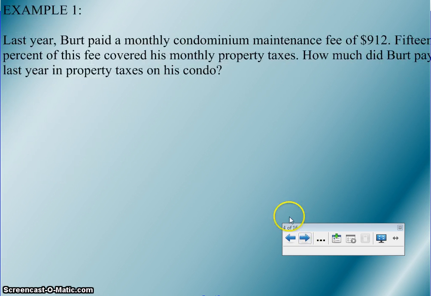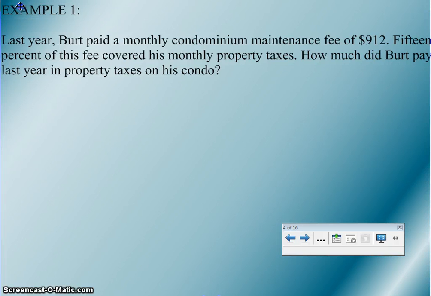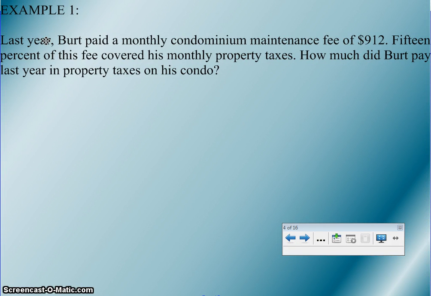So looking at the first example, it says last year Bert paid his monthly condominium maintenance fee of $912. Of that, 15% was for taxes. How much did Bert pay last year? So I'm looking for the yearly taxes on his condo.